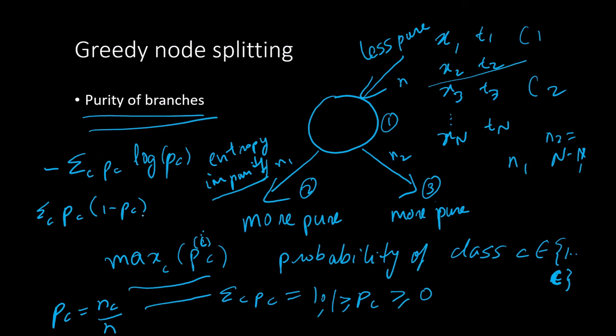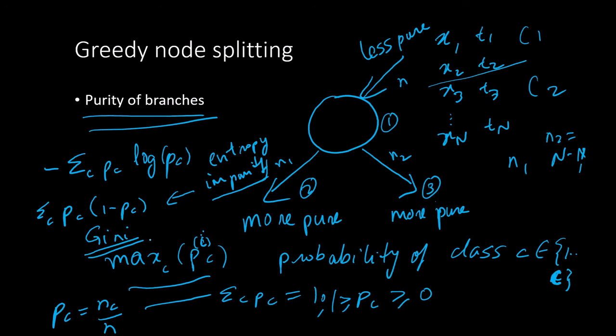Here, if the PCs are close to uniform, that means each is close to 1 over C, where C is the number of classes, then what we get is the highest Gini index. That means everything is equitable, all classes are equally represented, and that is basically high impurity. Otherwise we get low impurity because of this 1 minus PC part. So it is maximized when all the PCs have the same value, which is 1 over C.